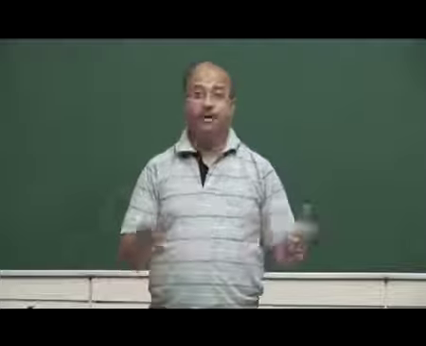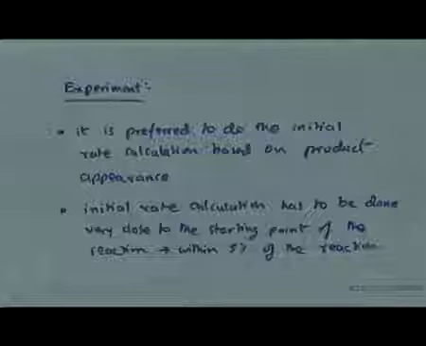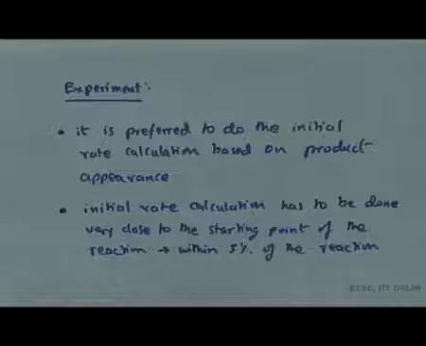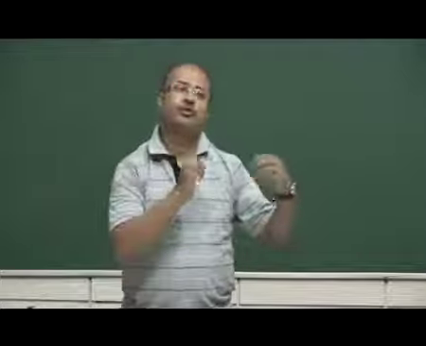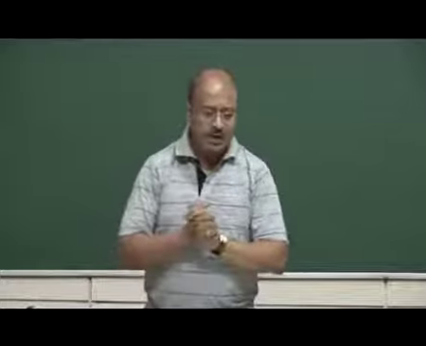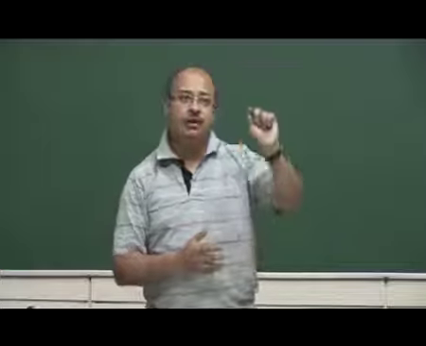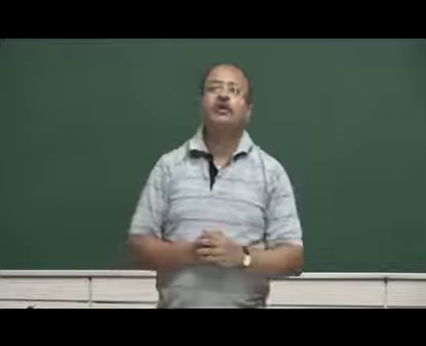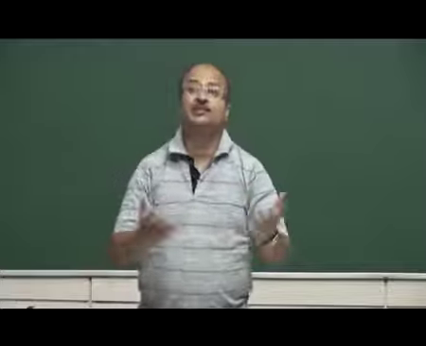It is preferable to do the initial rate calculation based on product appearance. This is because you have no product to start with, and you have reactants to start with. Suppose your reactants are colored, and your products are also colored, with a different color. If you are trying to get the initial rate by looking at the change in concentration of the reactant, then, because it is the initial rate, the change would be so small that you might not detect much.